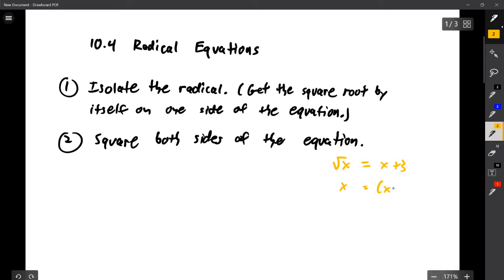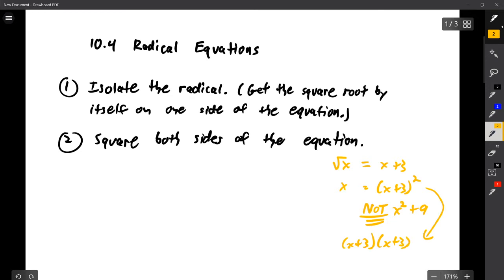Equals x plus 3 squared. You have to square the whole side. That is not x squared plus 9. That is not just square each individual term. X plus 3 squared is x plus 3 times x plus 3. Okay? X plus 3 squared is x plus 3 times another x plus 3.